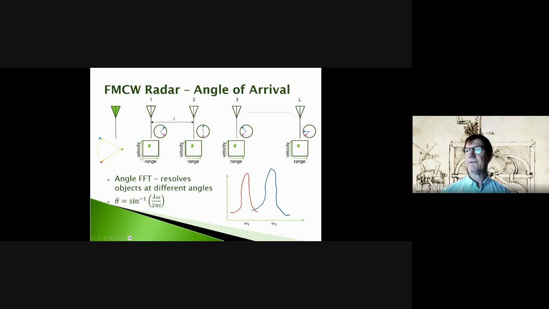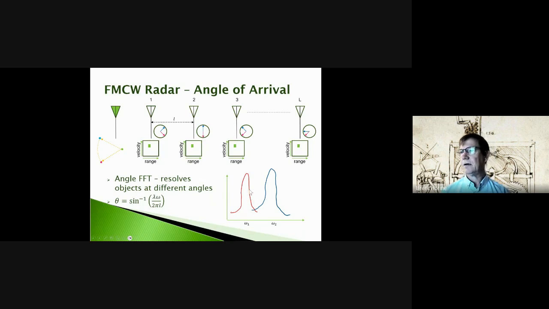The first one we did along this range axis, the other one we did along this column. Now we're going to build this up using the same location and velocity combination, but we're going to build that into a vector and then do an FFT on that.